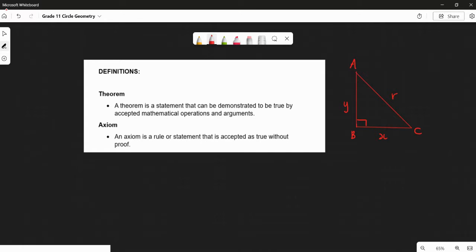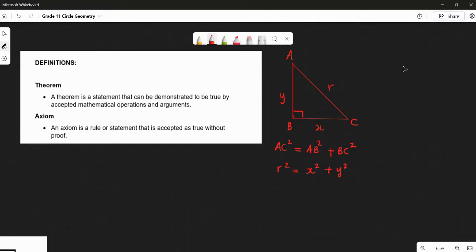So in any right angle triangle, we have learned that AC squared is equal to AB squared plus BC squared. Then if we use the small letters, it is r squared equals x squared plus y squared, which reminds us of the theorem of Pythagoras, which applies in a right angle triangle.